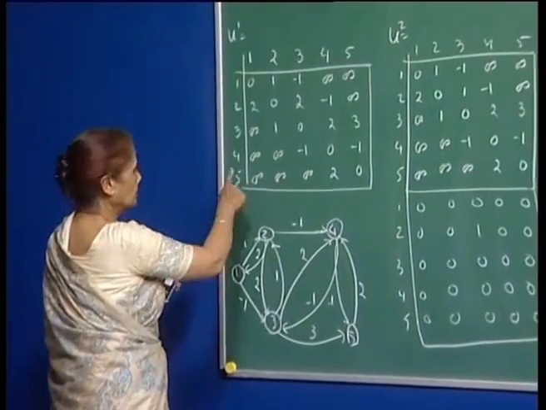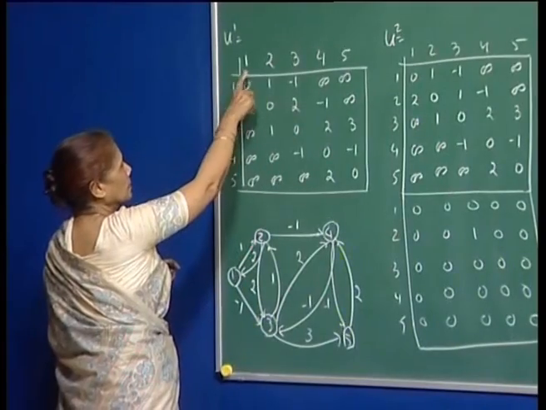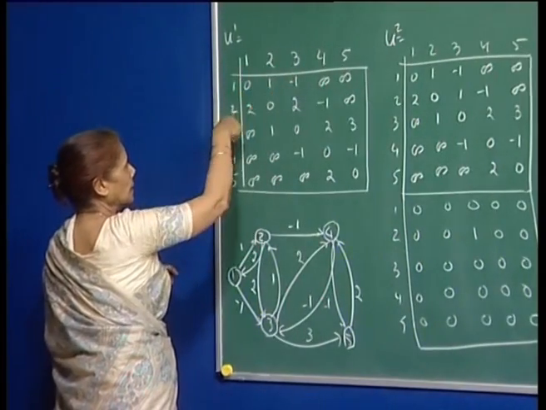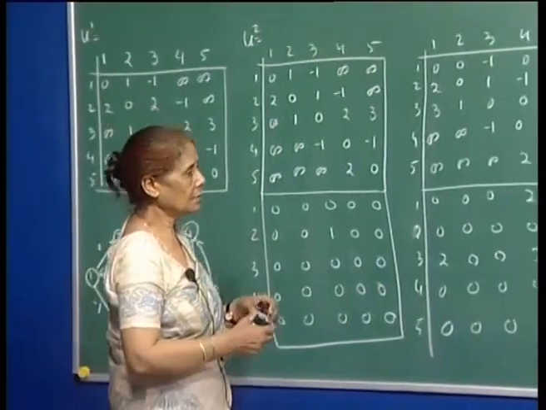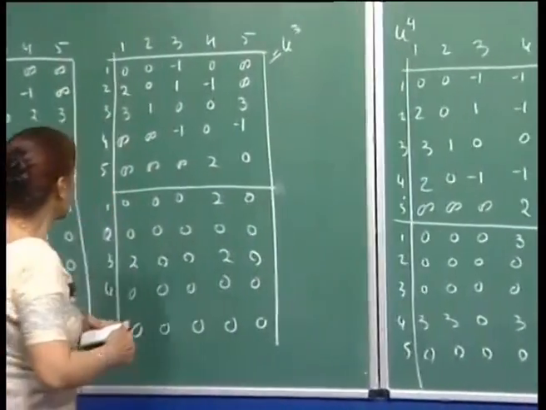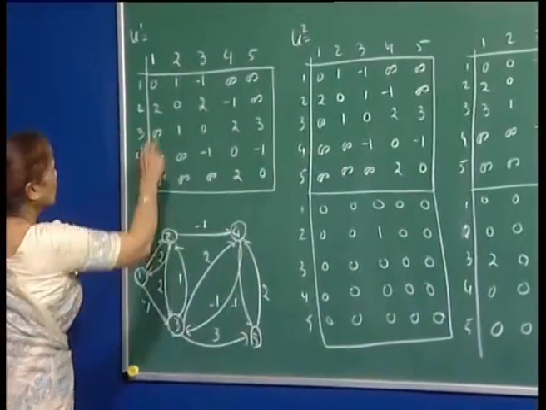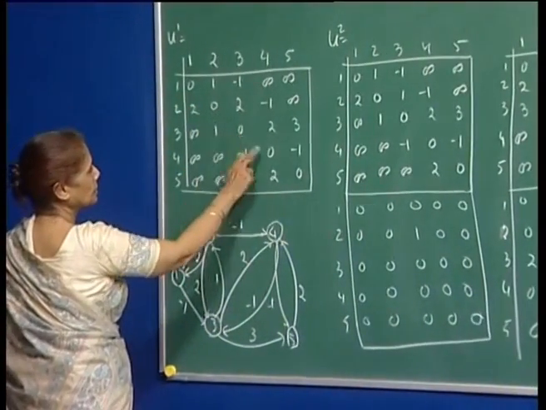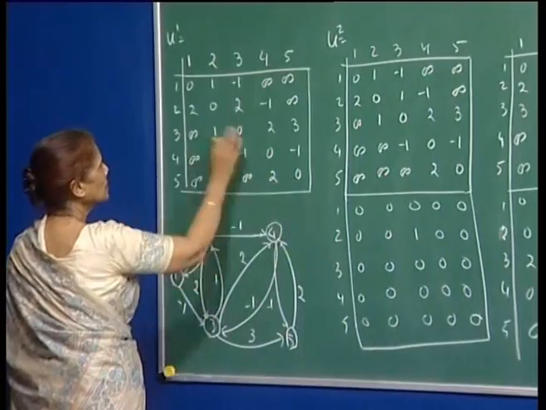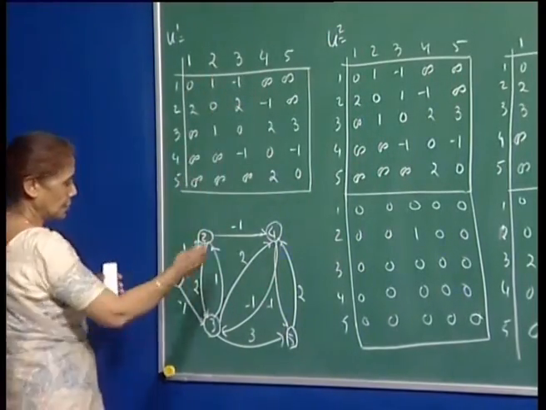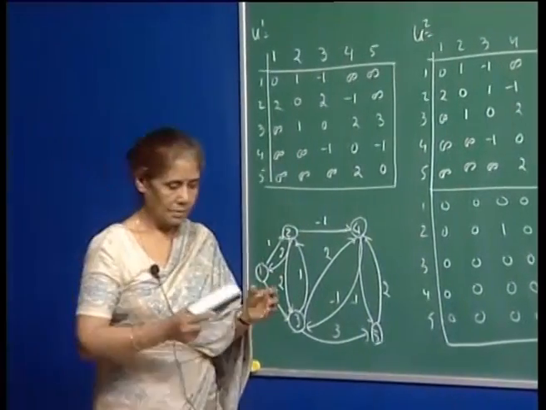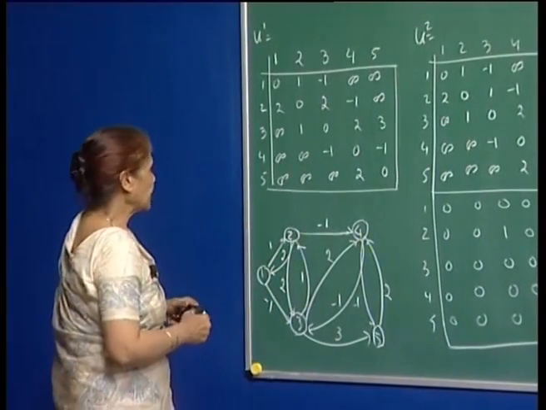So, I have the node numbers here, and then Uii's we will always take to be 0, right. The starting thing, you can say that C11, C22, C33, C44, C55 are all zeros, and this gives you 1 to 2, 1 to 3. So, this shows you the distance matrix, right.